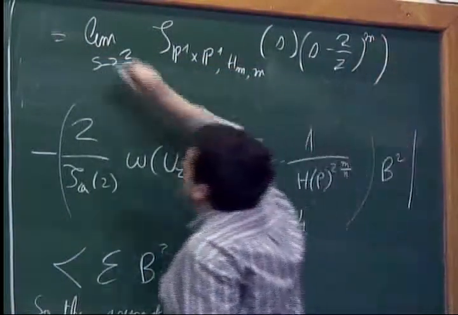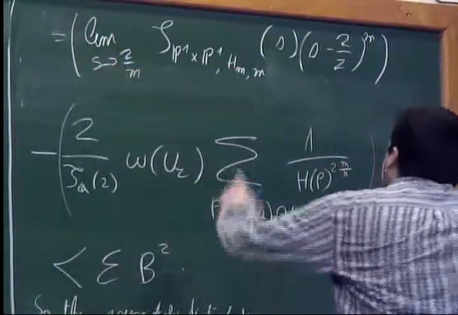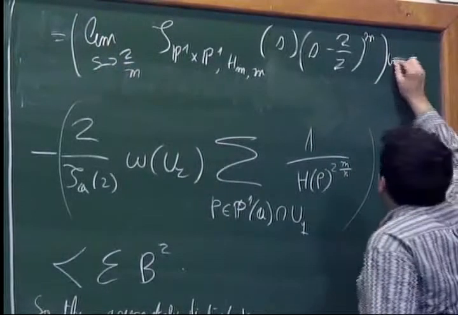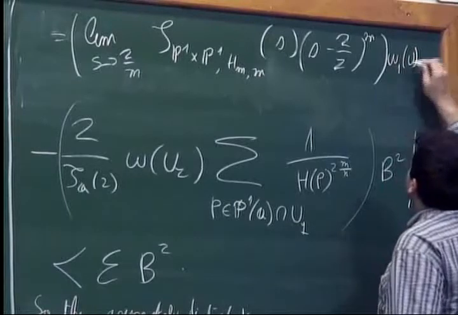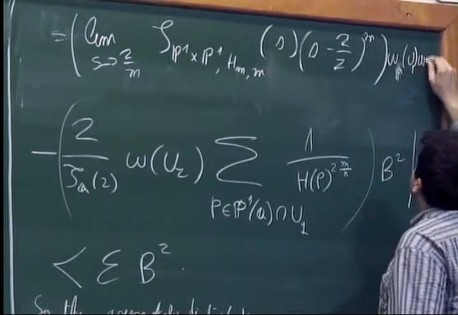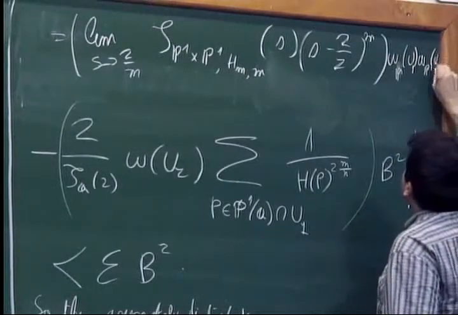So the limit for the zeta function where I do not look at the open set times what? Times omega P1 of U1 times omega P1 of U2.